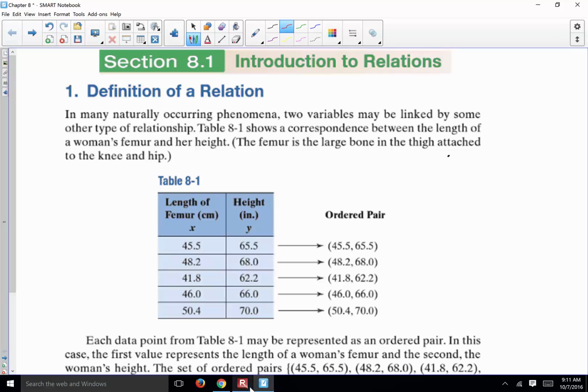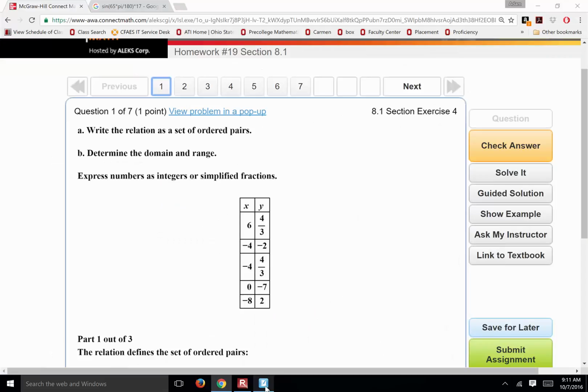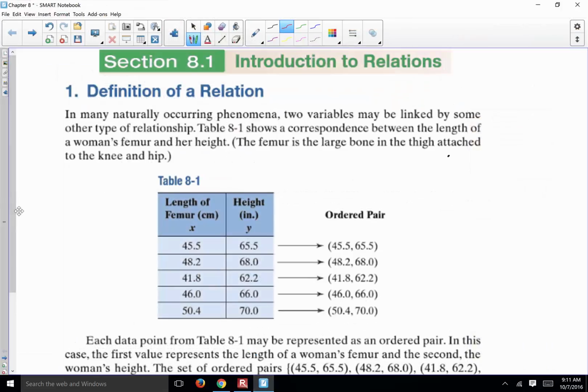What is a relation? I want you to first read and take a look at this example. Just think about it for a second. I need to reopen this file. Okay, relations happen in our everyday life. You can pretty much relate a pair of numbers, two numbers.